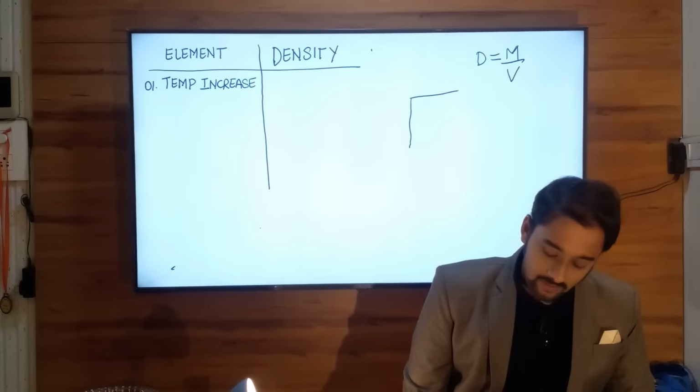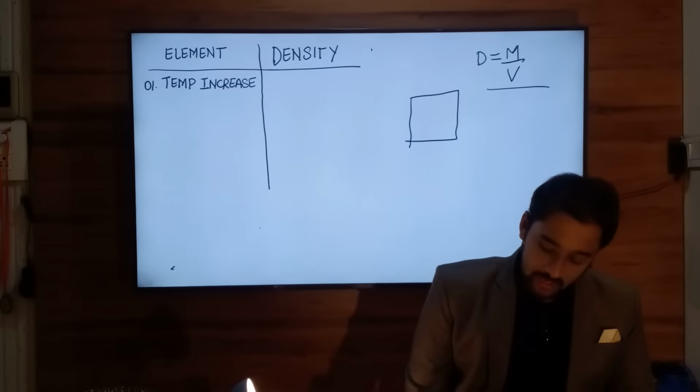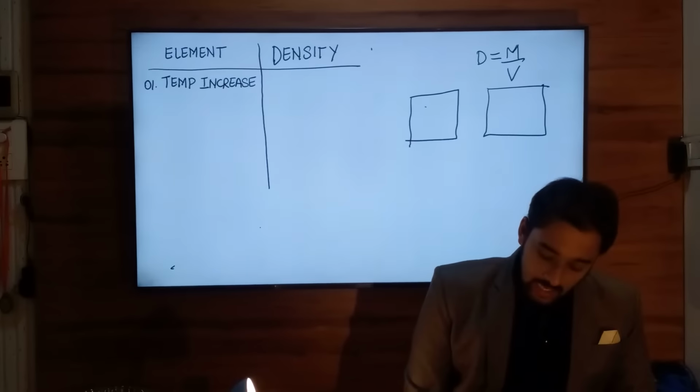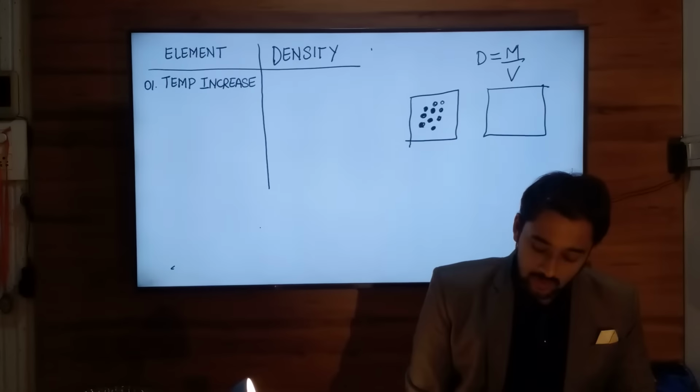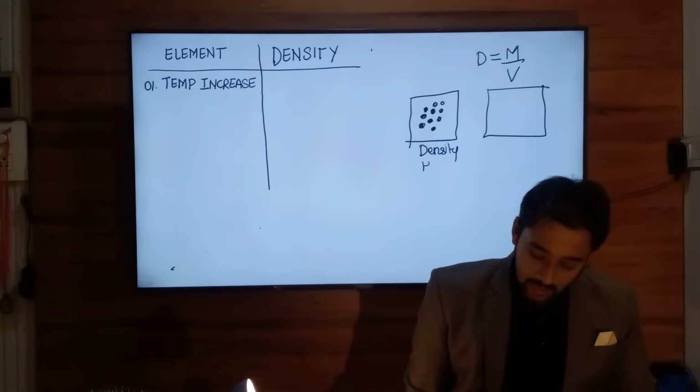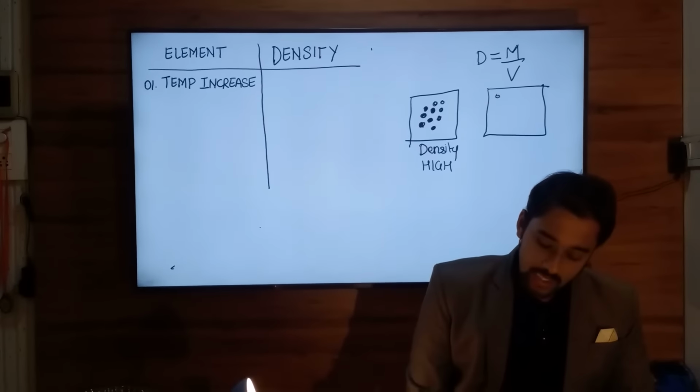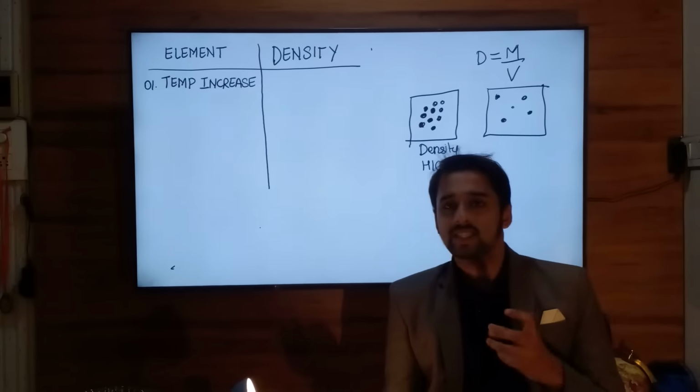Another example over here, this is your object. Now, if these particles are very close together, we say density is high. If these particles are away from each other, that means this object is very less dense.